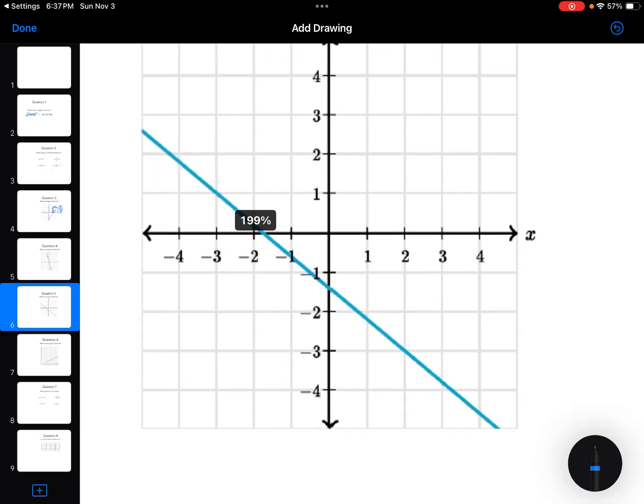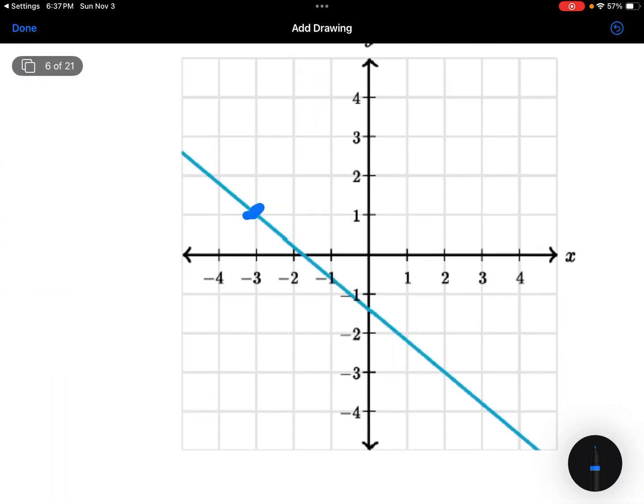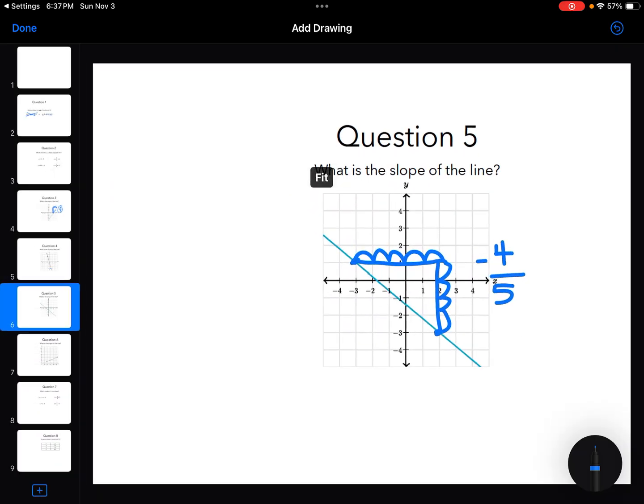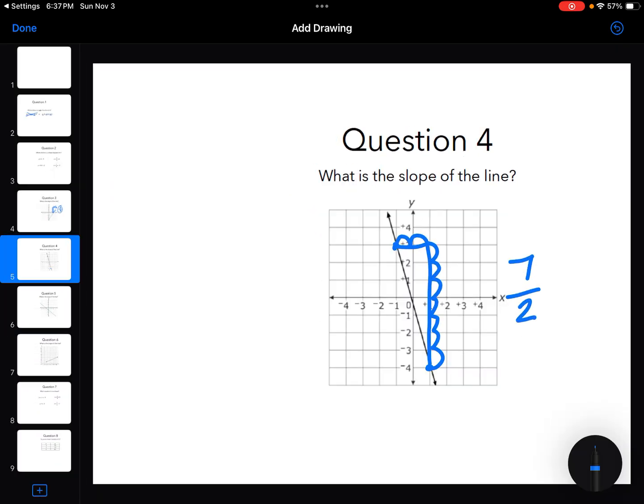Again, I have to look for a corner. So I have my rise, my run: 1, 2, 3, 4. I have to go back to that last one: 1, 2, 3, 4, 5. And this is a negative slope, so I have to make it negative. I'm going back to that last slide because I didn't make this one negative.